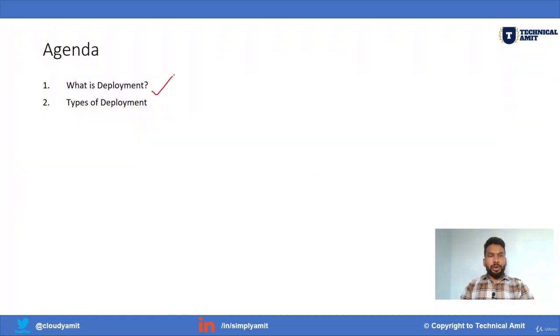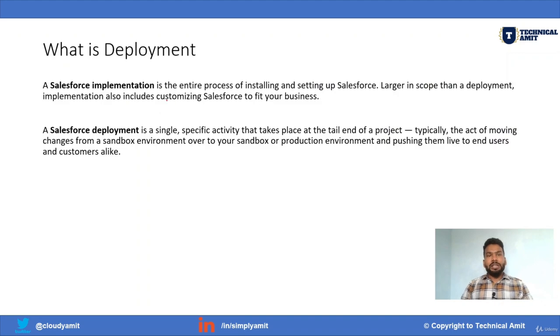So we are going to discuss what is deployment and what are the different types of deployments available in Salesforce. When we say deployment, we are going to talk about the difference between the implementation and the deployment part. So when we talk about Salesforce implementation, this is the entire process to build a product from the very beginning, creating your Salesforce environment, installing some managed or unmanaged application, creating some fields, process builder, APIs, classes, flow builders, integrating with some different systems.